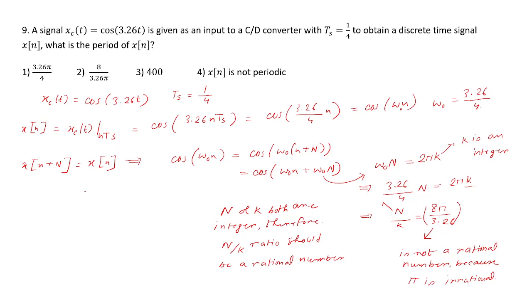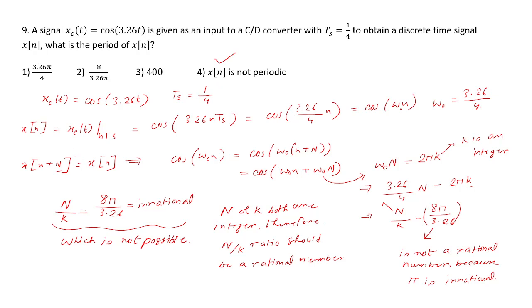Therefore, we consider first that x[n] is periodic with N, and then we arrive at a condition that N over k is equal to 8 pi by 3.26, which is some irrational number, which is not possible. Therefore, x[n] is not periodic.